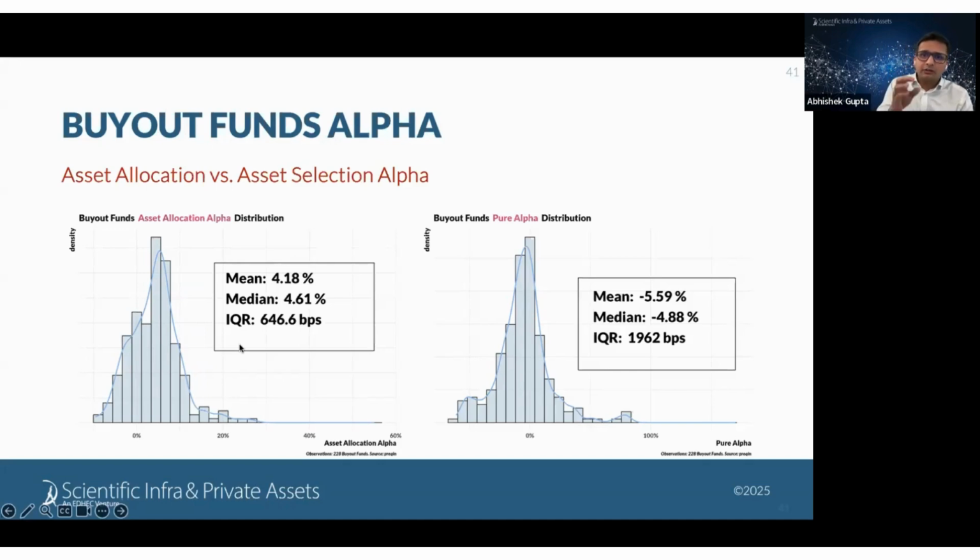So following the trend and picking the good sectors or geographies is relatively the majority source of return. And in this pure alpha, we also note that the 4.5% buyout fee impact is also a reason why part of this alpha is negative, and the pure alpha is negative for buyout funds.